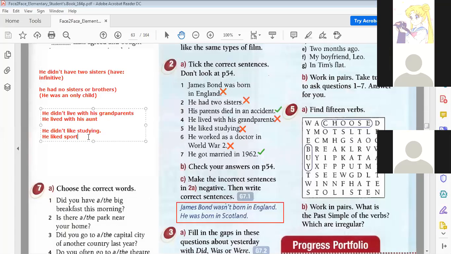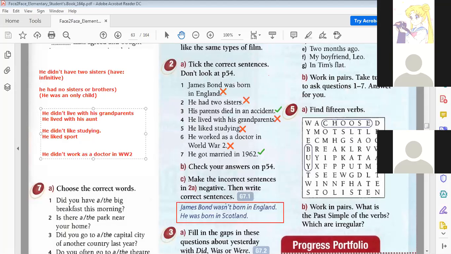Now, what about number 6, Rana? Can you make it into negative? Okay. He didn't work as a doctor in World War II. But can you remember what he worked as?